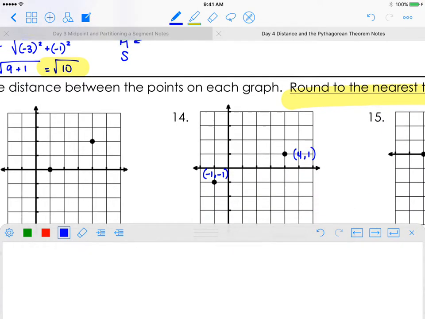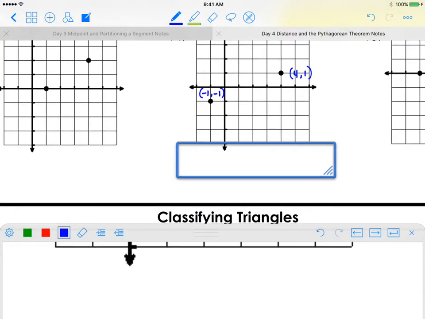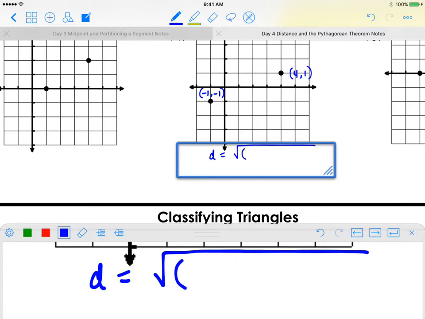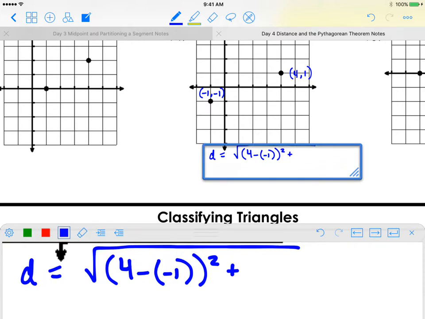So we're going to go distance formula, right? They didn't give us a whole lot of room this time, did they? So the distance formula is equal to x2, so 4, minus x1, -1, squared, plus y2 minus y1 squared. Okay?